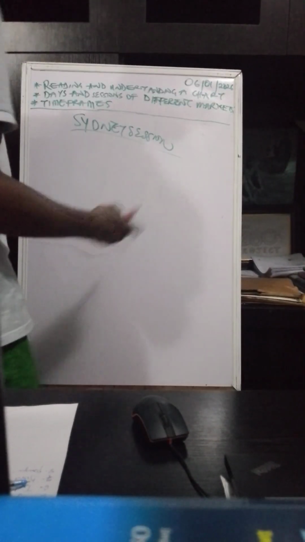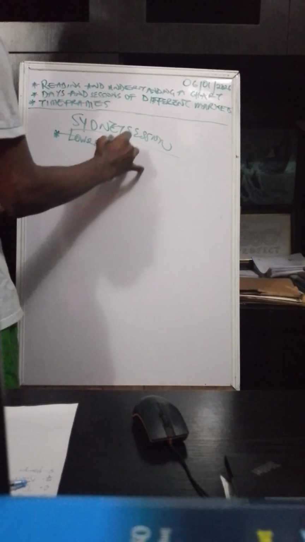So we have Australia, New Zealand, Fiji, all those countries in the Pacific Ocean, Vanuatu, all the small countries trade their money. This is when they are awake and they are trading fully. Sydney session has the lowest volatility.